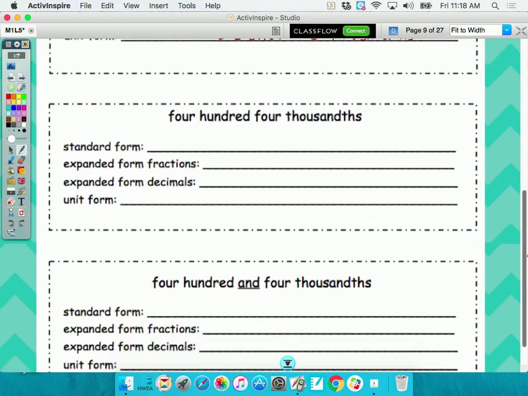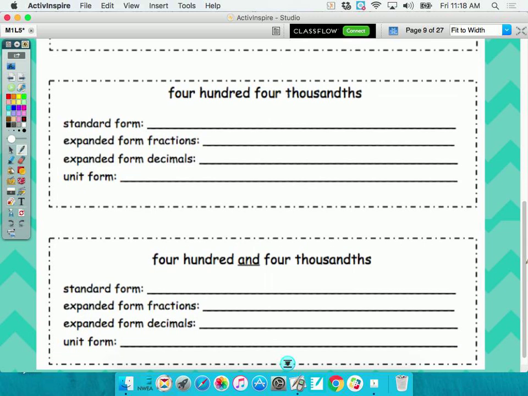Moving down. This one says 404 thousandths. Okay, so do you see the word and? No. So my decimal isn't in between any of these numbers. So first of all, how do I write 404? 404. Now if this 4 right here is in the thousandths place, what else does this number need?